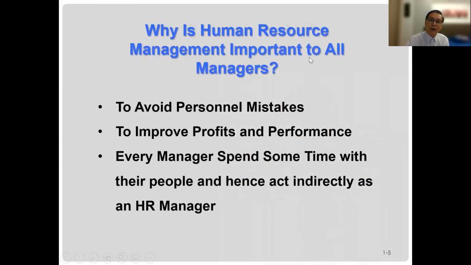And why is human resource management so important to all managers? For example, if managers do not know something about HR, they will tend to make mistakes in communicating with their employees, especially regarding the employment contract that the employees have.